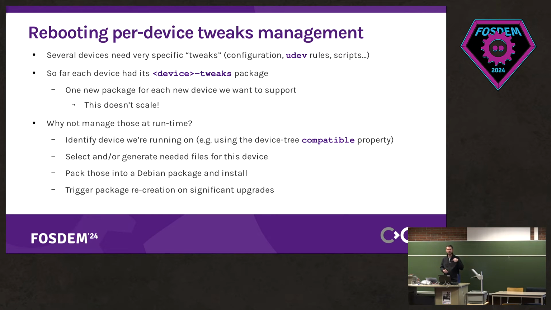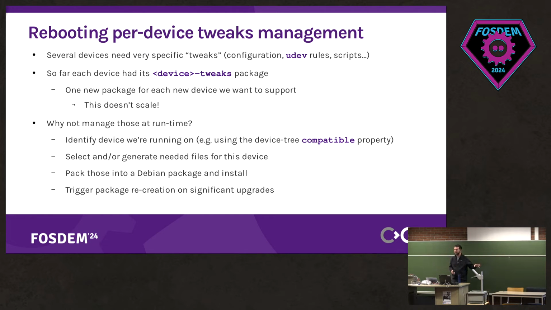So that means one new package to have in the repo for each new device we want to support. This is an approach that doesn't scale at all. I mean, it works fine if you manage 10 devices. If you aim for tens or maybe, let's hope, for hundreds of devices, it's just too much work for a small team.